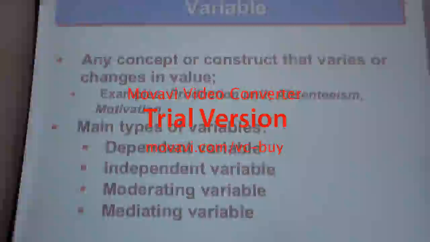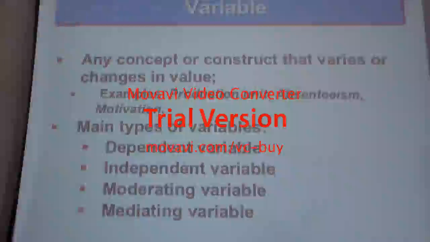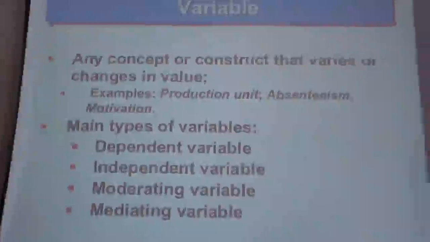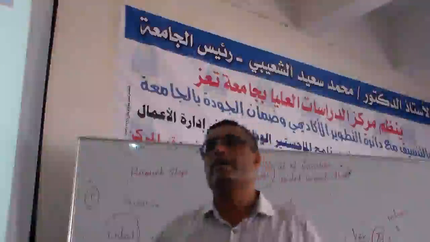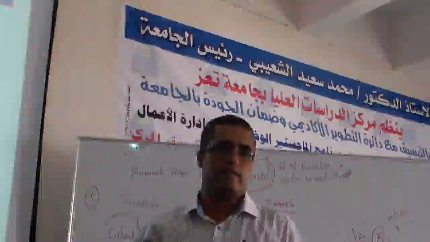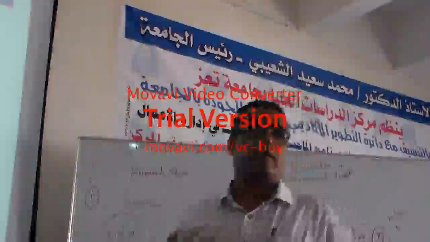I want people, when I walk in the street, to say, oh, this is doctor. So this is my motivation. This is my reason behind doing a PhD. For example, your reason behind doing masters is to get a better job and to get high salary. So this is your motivation.